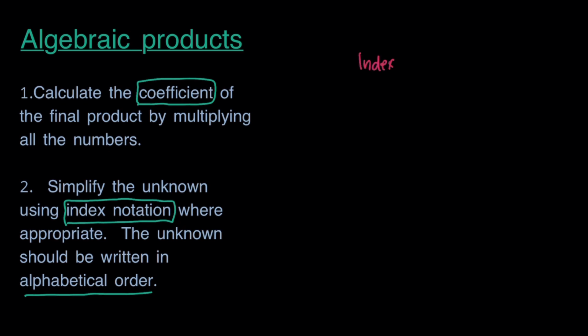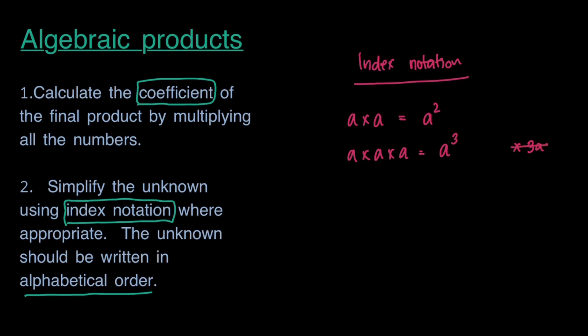With index notation, say for example, if you have a variable and you're multiplying it, a times a, this is going to be a squared. If I have a times a times a, so I'm multiplying a 3 times, this becomes a to the power of 3 or a cubed. It does not become 3a.